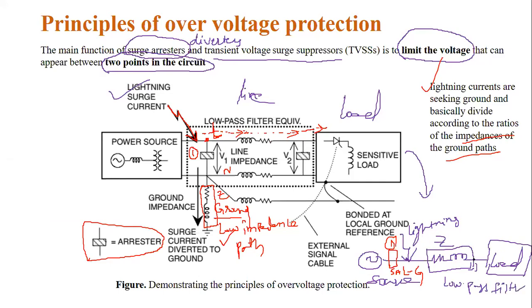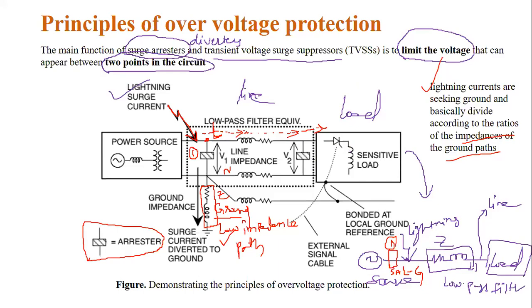Remember, this is the line. The line has some impedance, and that impedance will act as a low pass filter. It can eliminate some frequencies. Even after that elimination, some surge is still traveling to the load side.